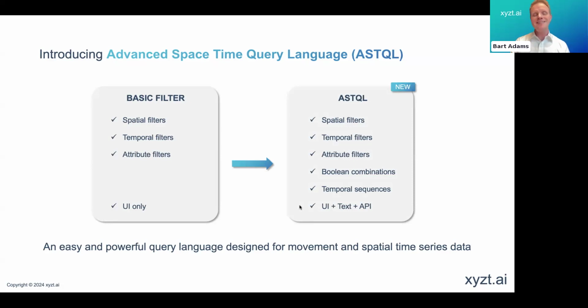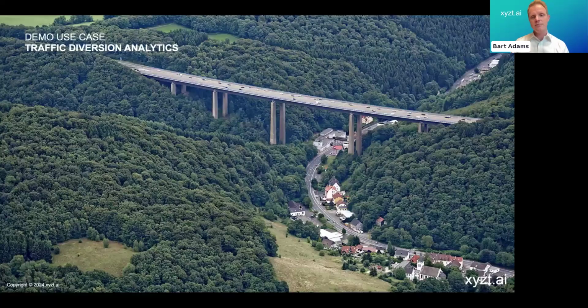But it's also a textual representation, which proved to be extremely powerful and extremely intuitive to basically see what is going on, to better understand what a filter is about. And the nice thing is those textual filters can also be used through the API. So that's what I want to show later in the demo, Nick, but I think you're going to give a little bit of context to the demo.